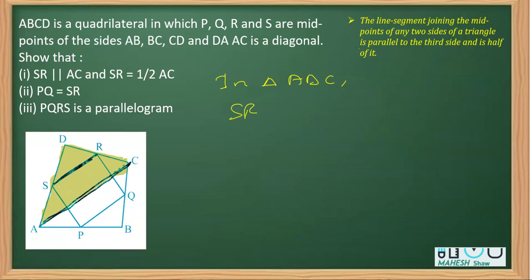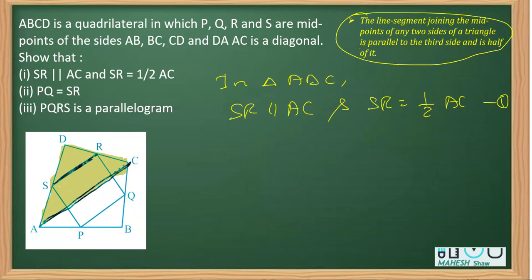Therefore, SR is parallel to AC, and we can also say that SR is equal to half of AC. We can mark this as equation 1. The reason is the midpoint theorem, or you may explain this whole line. This is what we had to prove in the first part, and we proved it.